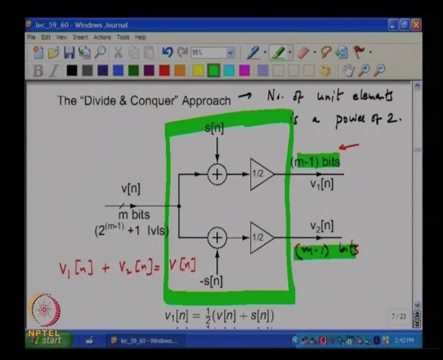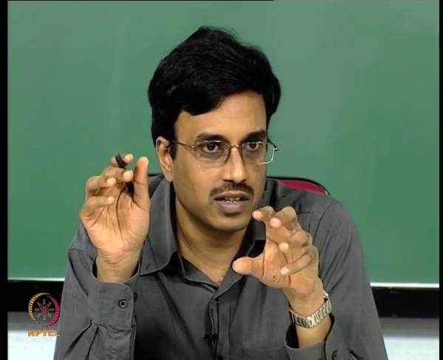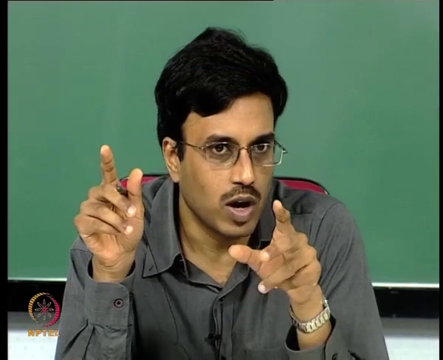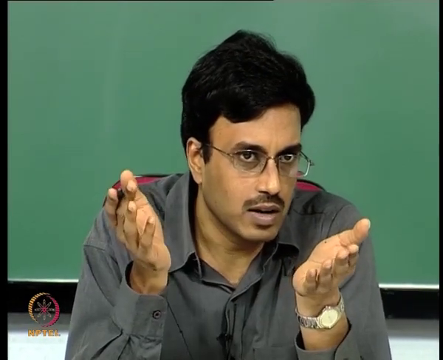All right, you understand? And the reason for attempting to do this is that in the next step I will take V1, which has m minus 1 bits, and split it into two sequences which are m minus 2 bits, and so on, eventually until I get 1 bit. So this 1 bit sequence can be used to drive a unit element.